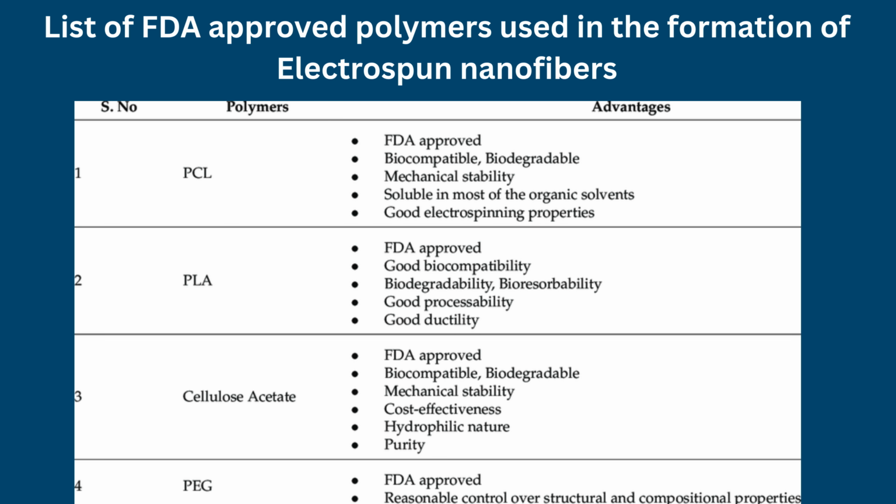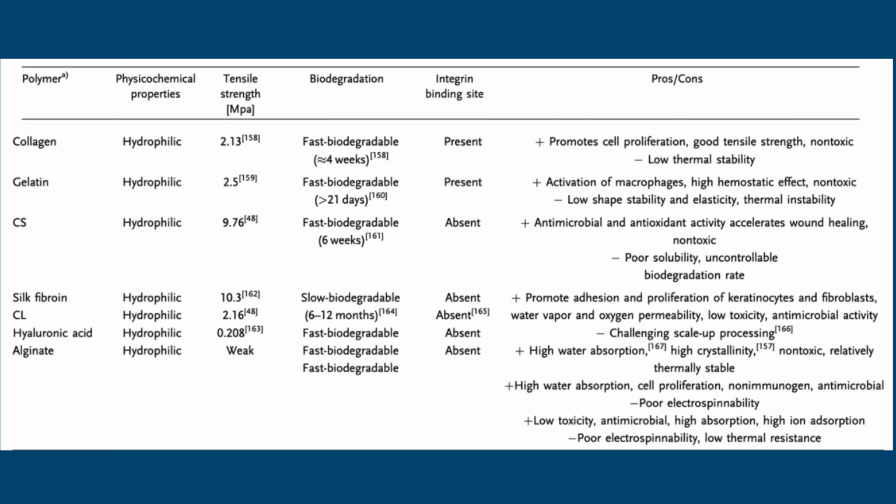Synthetic polymers such as polycaprolactone, polylactic acid, and polyvinyl alcohol are widely employed due to their tunable mechanical properties and ease of processing. Natural polymers, including collagen, gelatin, chitosan, and silk fibroin, are particularly attractive for biomedical applications owing to their inherent biocompatibility and biodegradability.